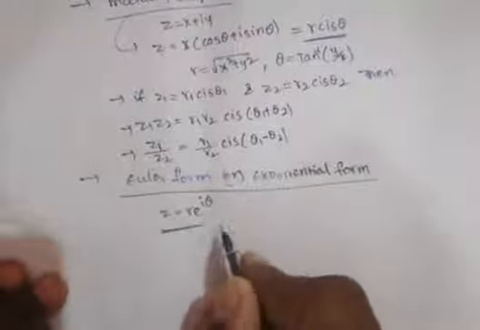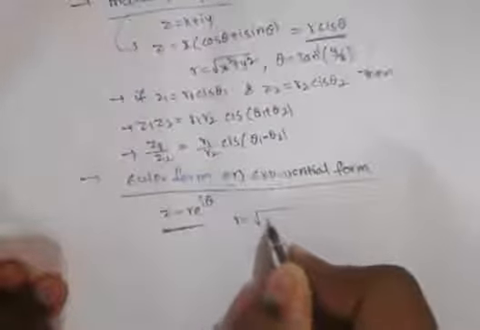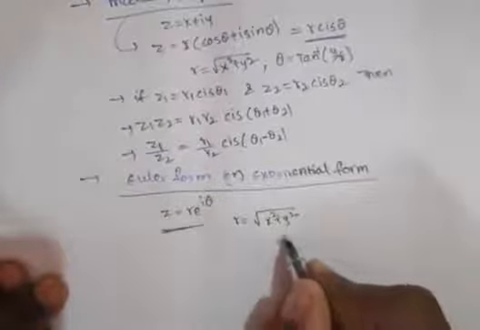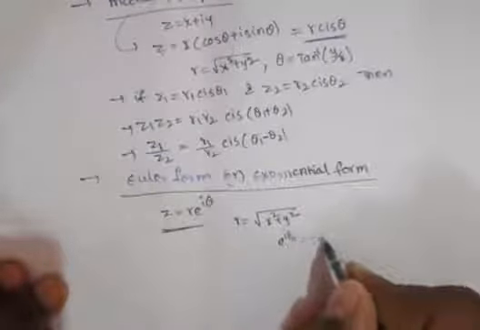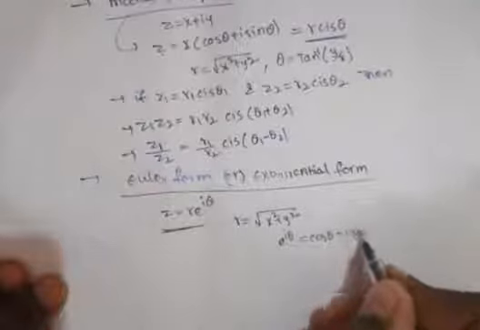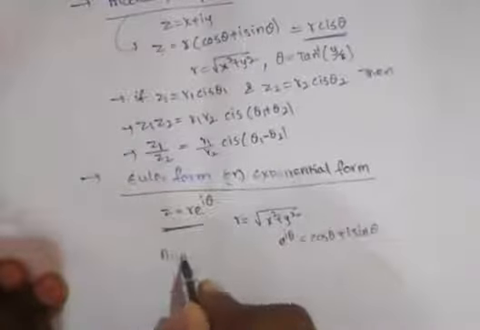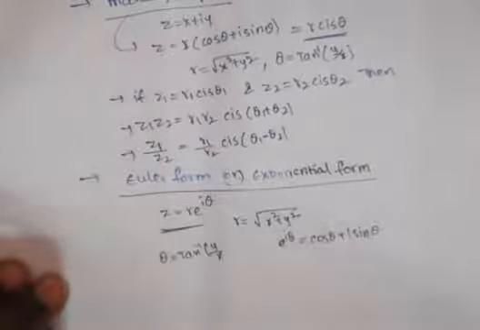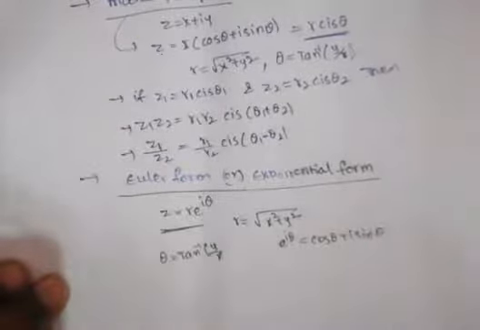Here r is equal to under root of x square plus y square, and e power i theta is nothing but cos theta plus i sin theta. Already we know theta is equal to tan inverse of y by x.